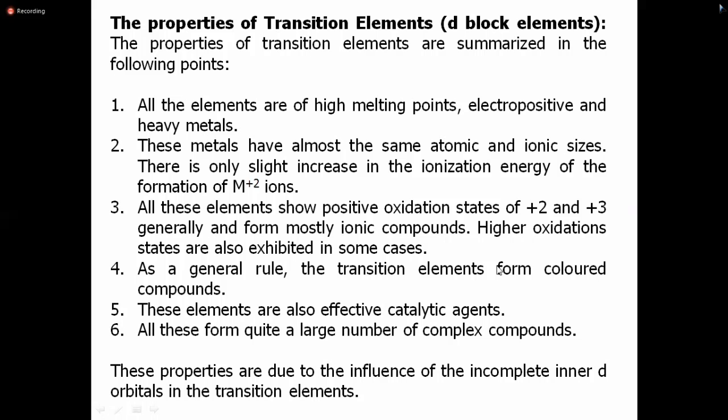Okay, let me make it easy. When the degenerate orbital accepts energy, that degenerate orbital becomes split into two different energy levels, isn't it? Yes, sir. So the electron may jump from one energy level to another energy level, right?